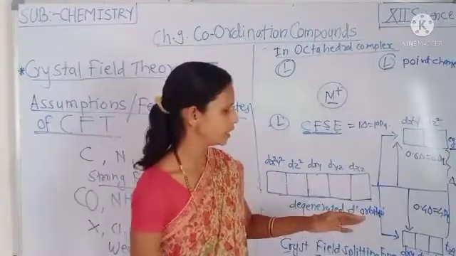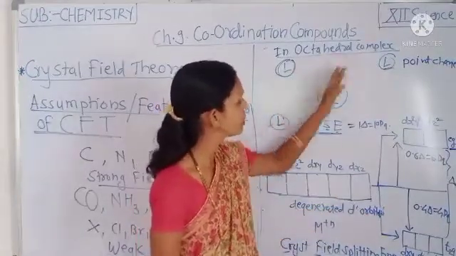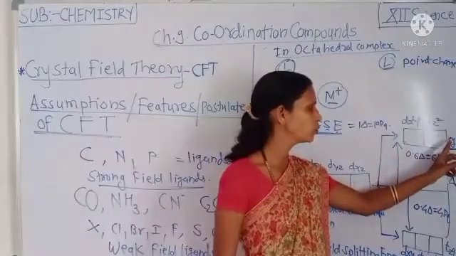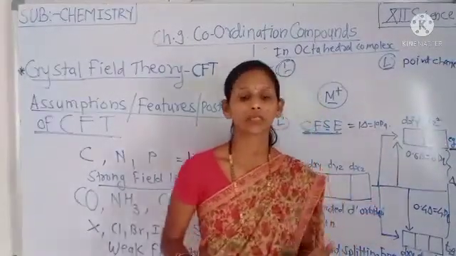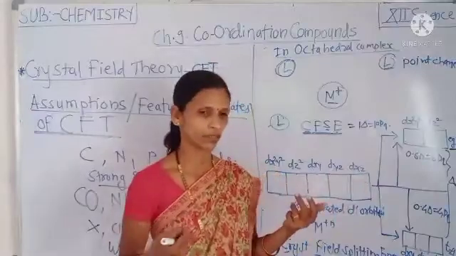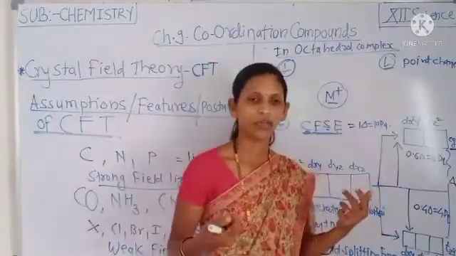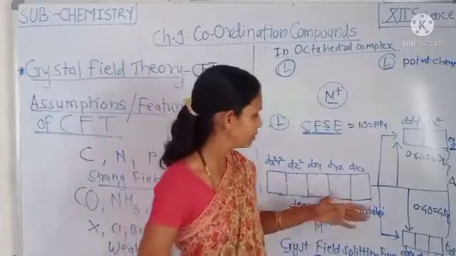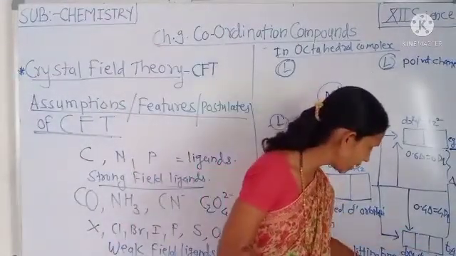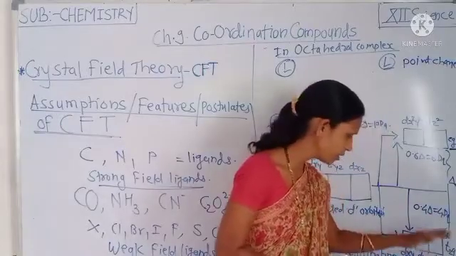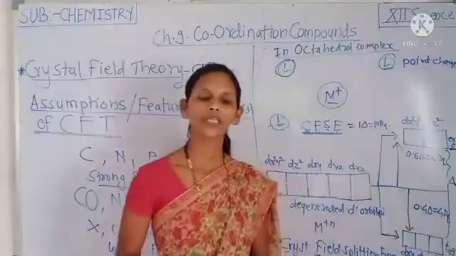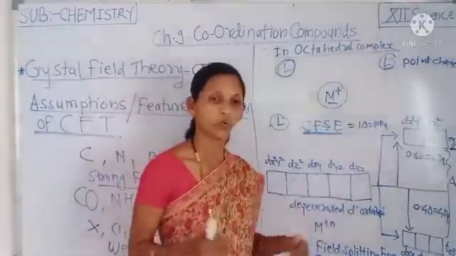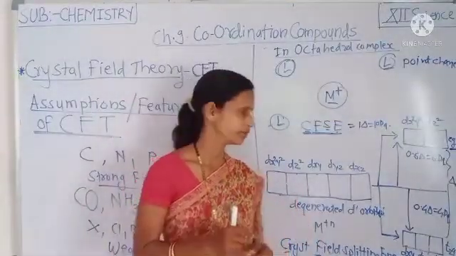That means in octahedral complexes, the dx2y2 and dz2 orbitals possess larger repulsion with the central metal ion and therefore higher energy, and the T2g orbitals, that is dxy, dyz and dxz, possess lower energy because they possess less repulsion with the central metal ion.